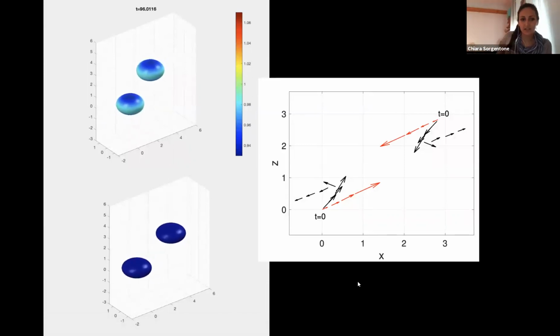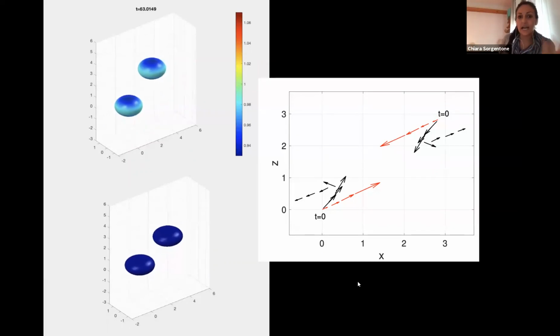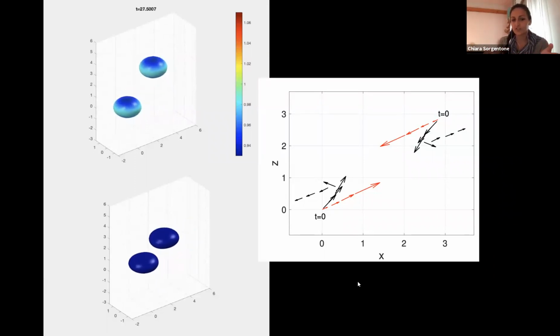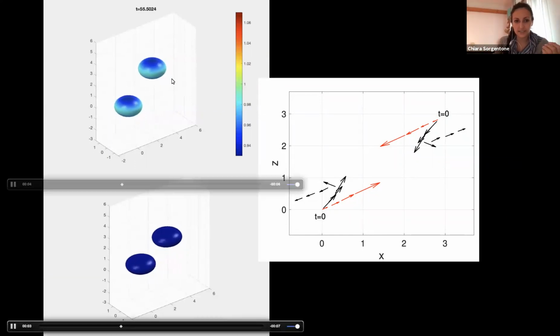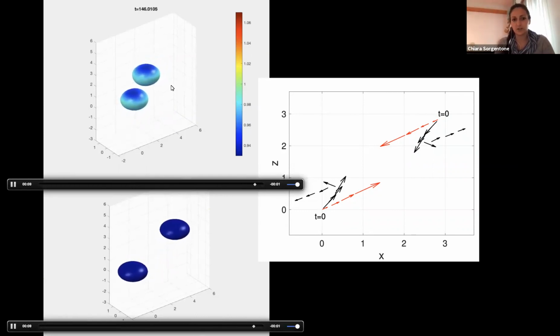So in general, we could see that the qualitative behavior of surfactant-covered drops is quite similar to the clean drops. But again, guided by the theory, we were able to set the parameters in such a way that we could see how the surfactant can actually affect the simulation. So in this case, you can see all the physical parameters are the same. It's just that here I do have surfactant and here are the clean drops.